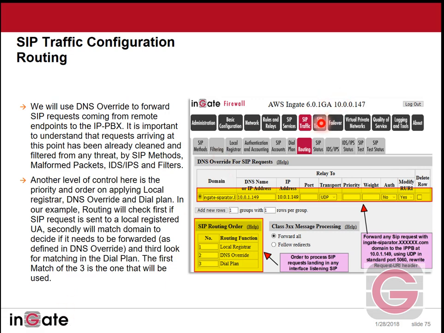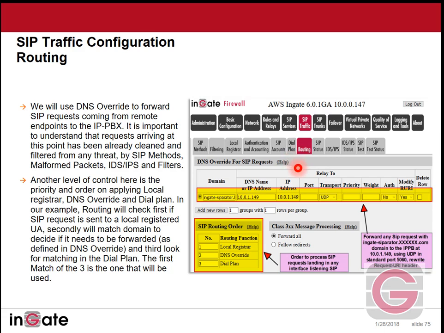Now we are going inside the same SIP traffic section, and we are going to use routing. This is a very important configuration point, because if you are providing access to the PBX for remote extensions, the way the Ingate will be able to detect that a SIP request needs to be routed to the PBX is using the domain name.